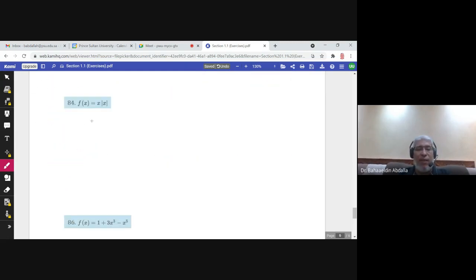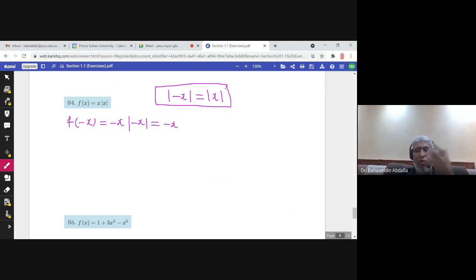Another function, f of x. Let us find f of negative x. We replace x by negative x, and we replace x inside the absolute value by negative x. There is an important remark to notice. Absolute value of negative x is actually equal to absolute value of x.